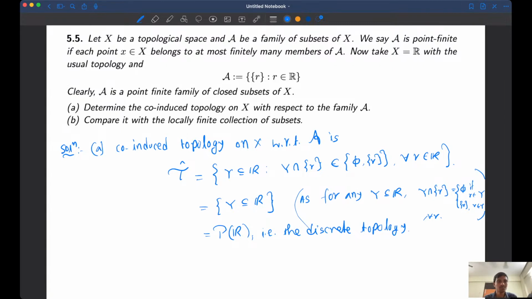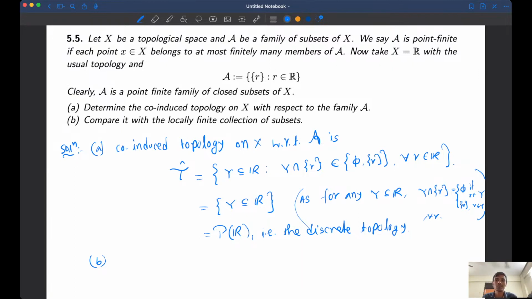Okay, so this is the discrete topology. Now for part B, compare with the locally finite collection of subsets. So this is a locally finite collection. Now the topology co-induced by this family, you get actually the discrete topology on R. But on R, the topology is not discrete, right?